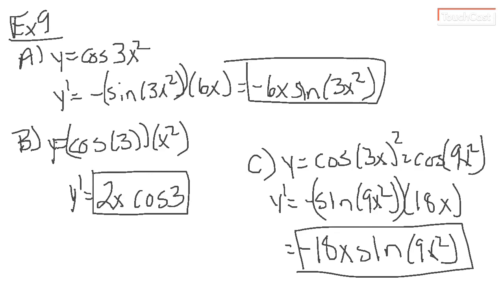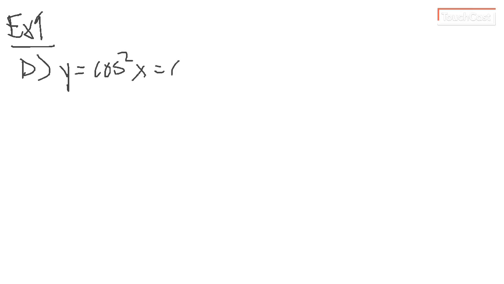Let's look at a couple more. So we've got example 9D. We're going to have y equals cosine squared x, which we can also just call cosine x squared.